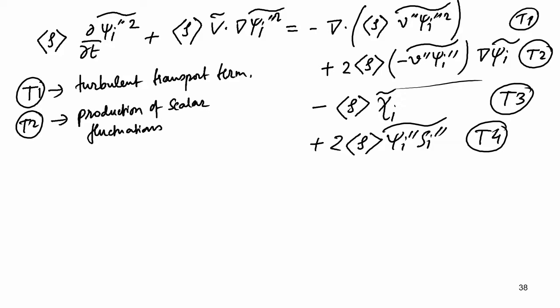The mean molecular transport term can be neglected for simplicity, but you see that the mean molecular diffusivity term still appears in this one, which is the scalar dissipation rate, and that is T3. Just like the energy dissipation rate, this is scalar dissipation.